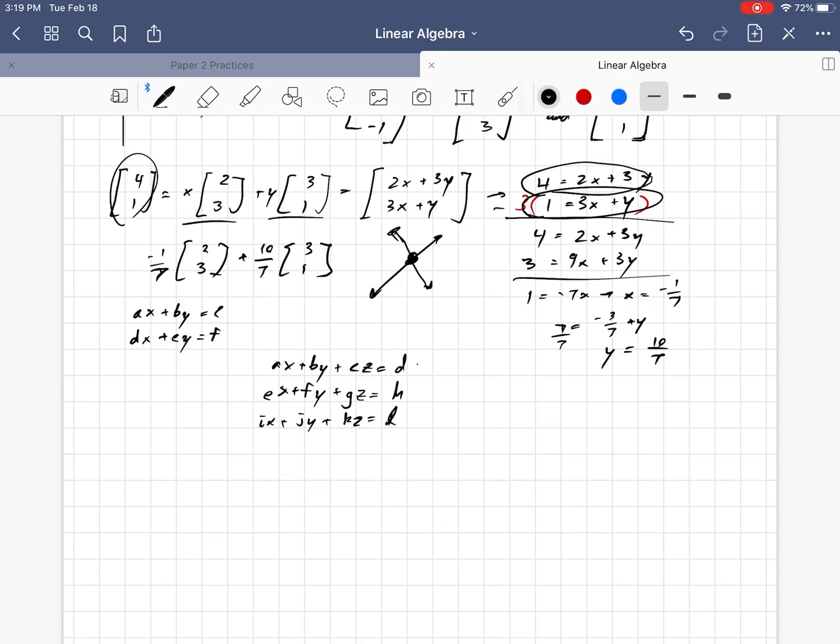These are all of the form ax plus by plus cz equals d. Those are planar equations. They are equations of a plane.